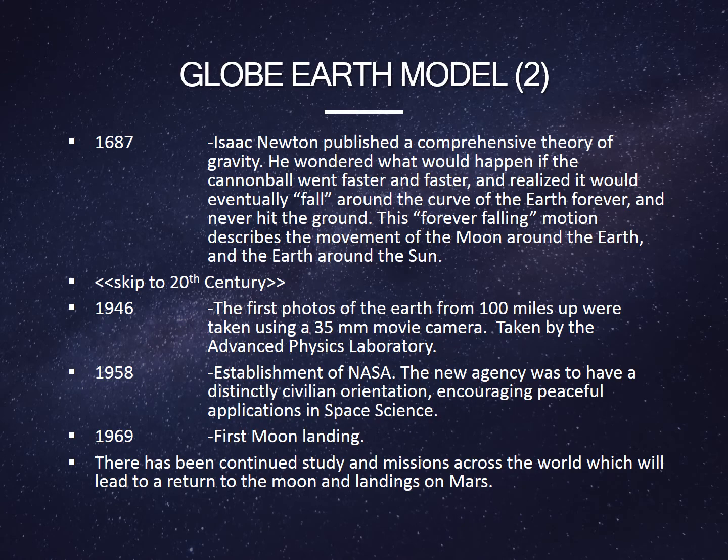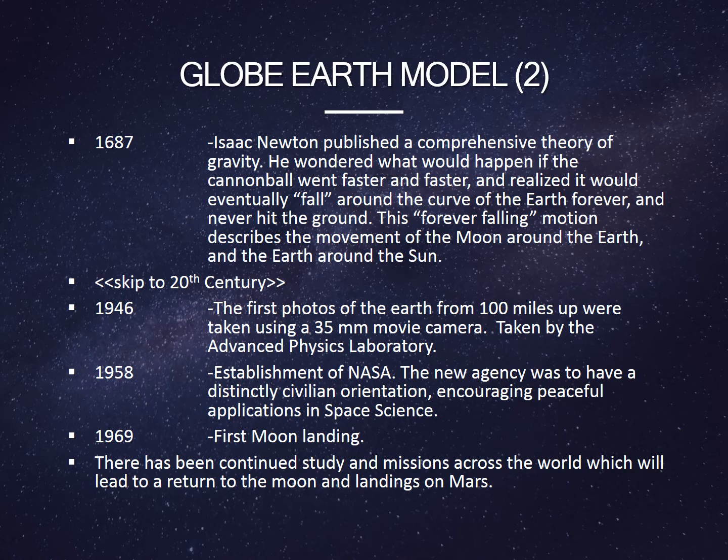So here we go with some more. 1687, Isaac Newton published a comprehensive theory of gravity. He didn't discover gravity because of the apple falling on his head, but he got to thinking about gravity.